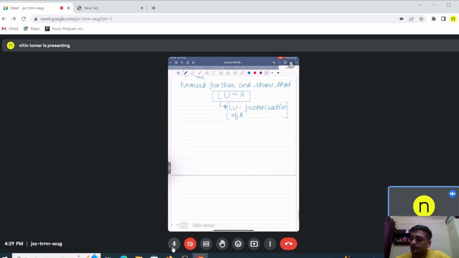Okay, now see, because this is a method, it will have some drawbacks, right? So we will see the drawbacks of the naive Gaussian elimination method.